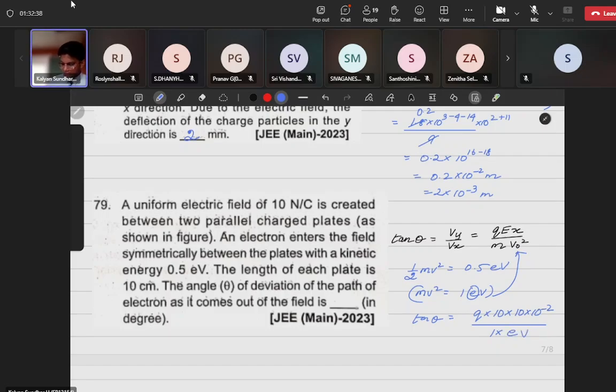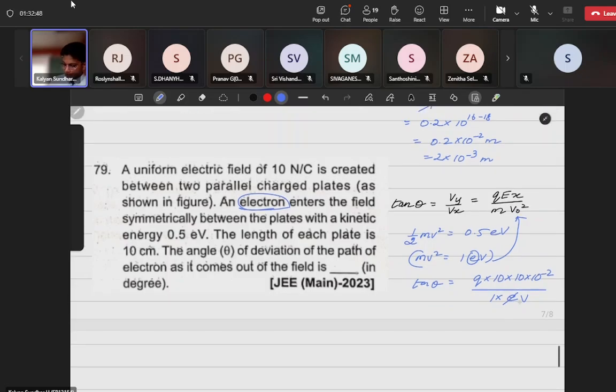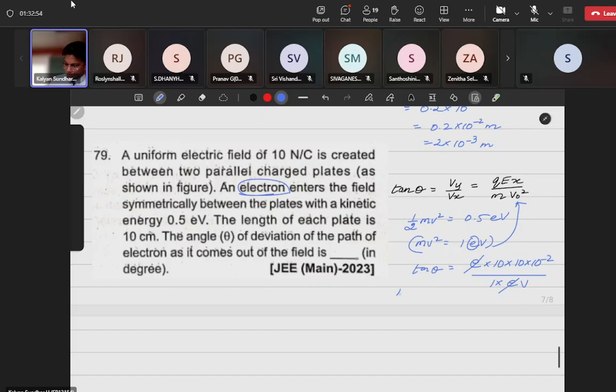This is an electron entering, so q is nothing but your e value, and e and e get cancelled. So 1 volt remains. So 100 into 10 to the power minus 2. So tan theta will be equal to 1. So the angle is 45 degree.